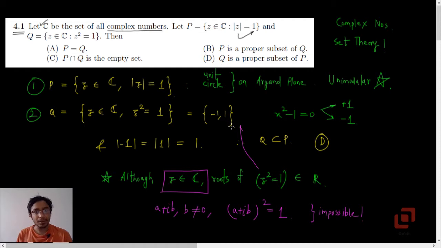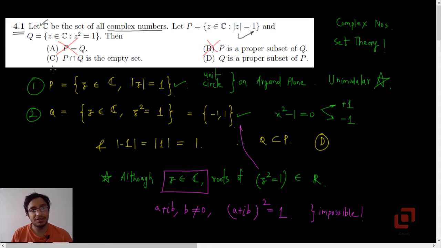Now definitely P is not equal to Q, because Q consists of only two elements, negative 1 and positive 1. However, P consists of infinitely many elements. So options A and B are ruled out.